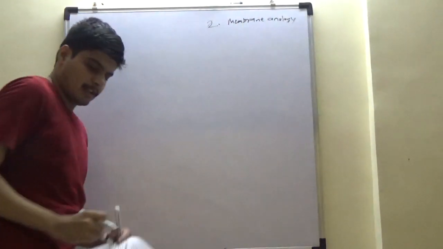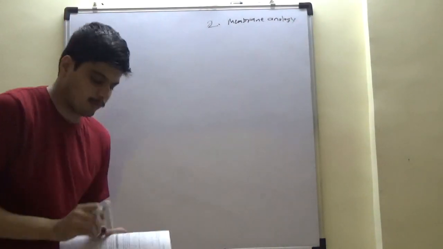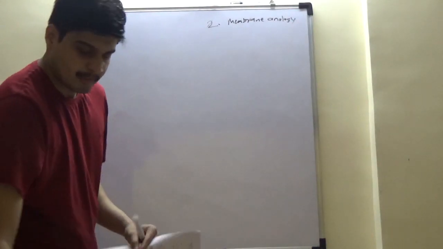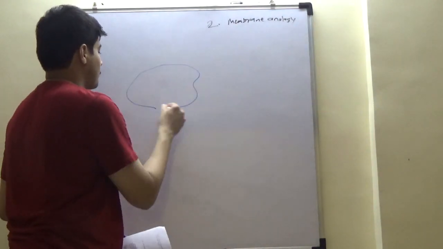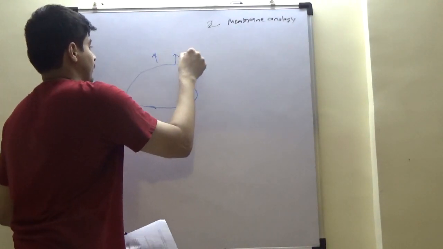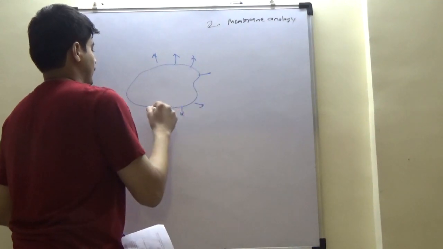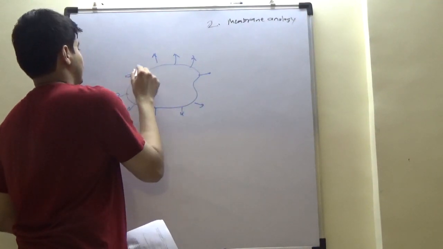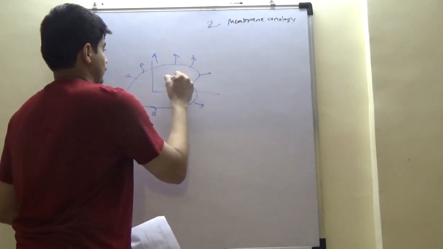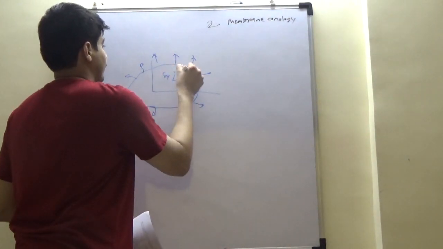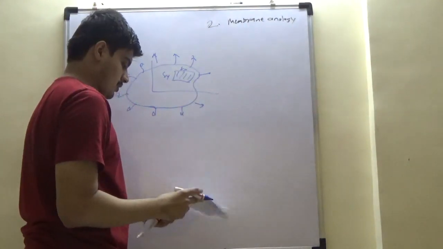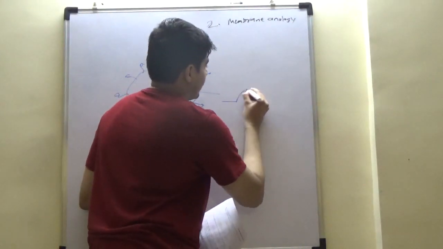Now, for the membrane analogy, we have to think about a membrane. So imagine this is a membrane. This is a small section of it, a subsection, which is what you are looking at.